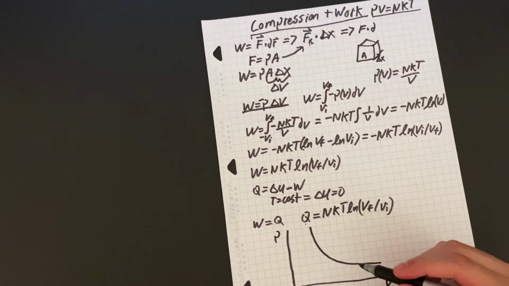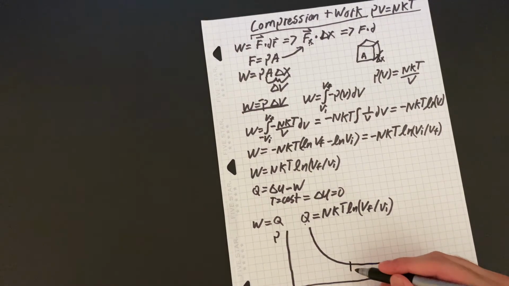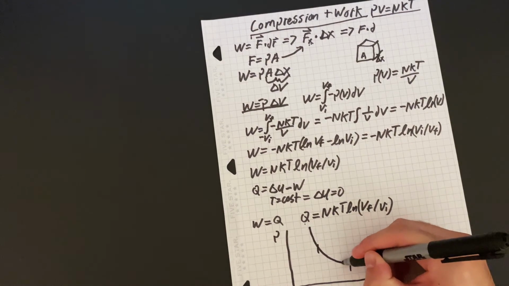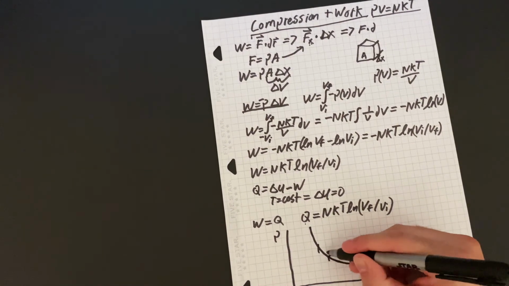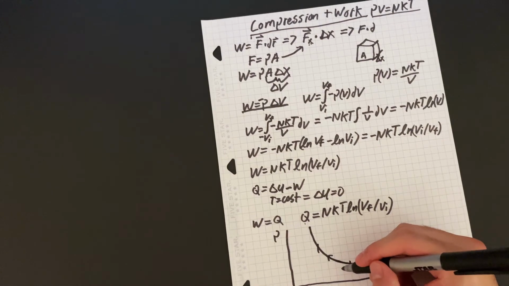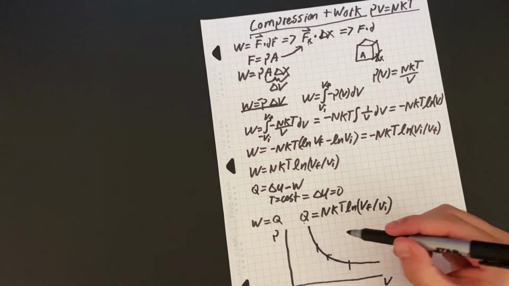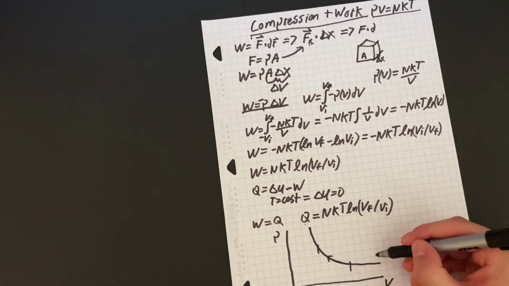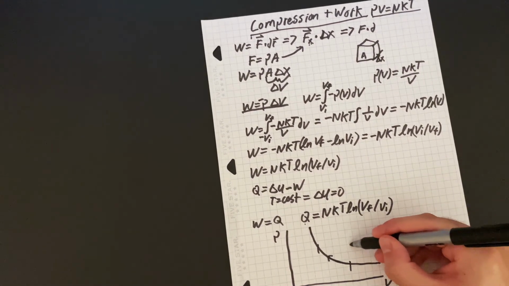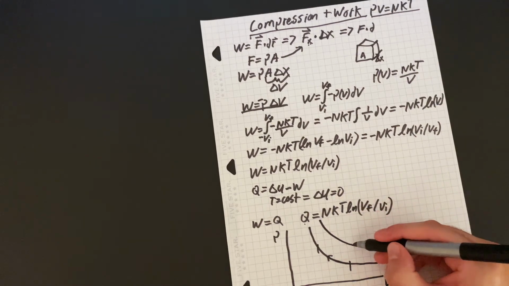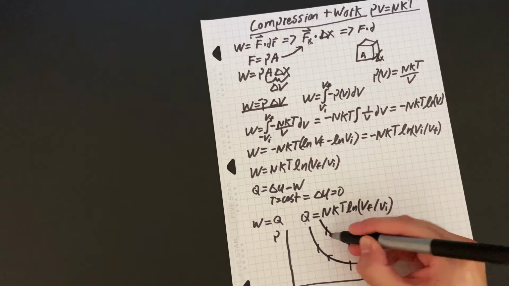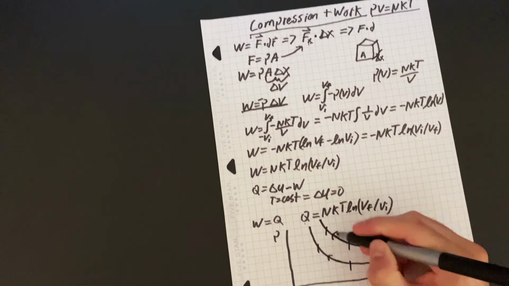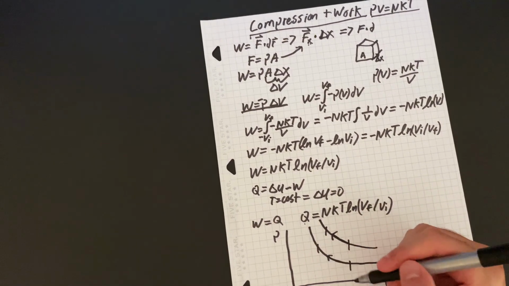And so what this says now is if we know an initial V and an ending V, we can actually find the heat going through the system on this curve right here. And that's really useful. One other thing to note is that if you have multiple systems, the PV functions are all hyperbolic like that. So you can find this volume and this one and go through here. And since they're all hyperbolic, they actually don't cross each other either.